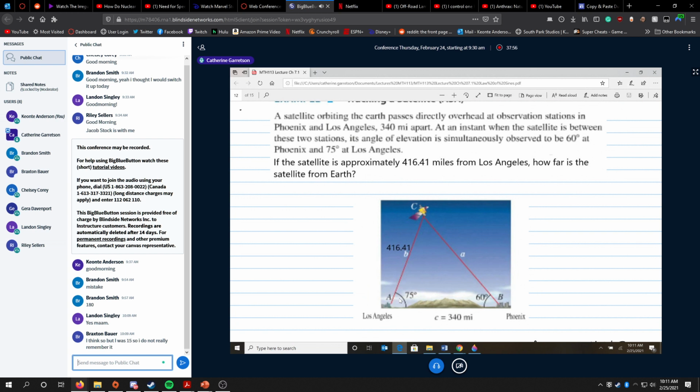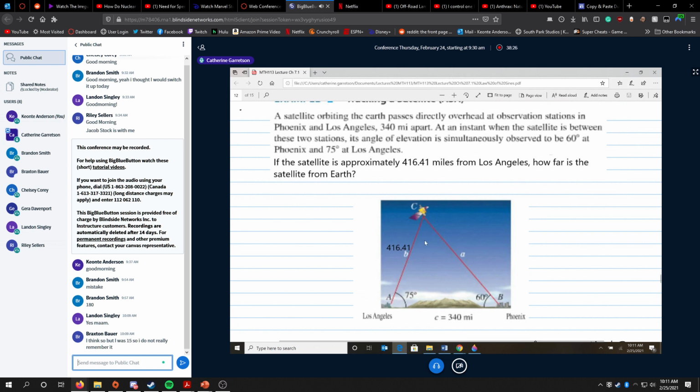But the point of the matter is distance is always shortest distance. So the shortest distance from the satellite to Earth will be where it drops an altitude down such that it meets the Earth at a right angle. So distance is always shortest distance. Shortest distance always meets where you're going at a right angle. That will ensure the shortest distance.